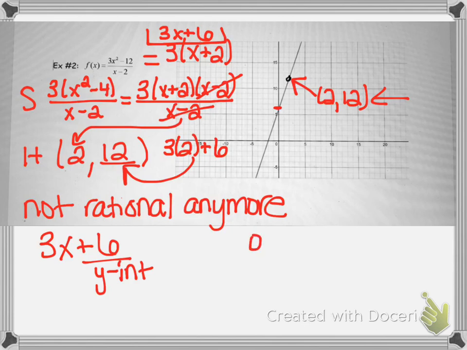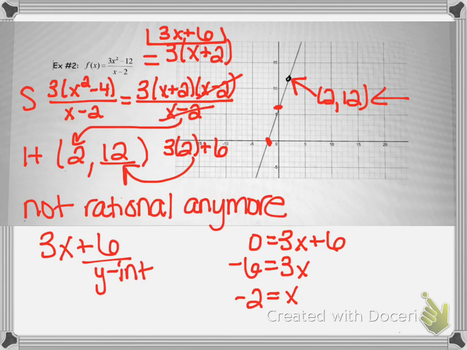And if I want to know what my x-intercept is, I of course just set my equation equal to 0. And so I figure out that my x-intercept is at -2. But that's only if you're being asked to find those pieces of information. Obviously you're not going to do the T step because we're skipping it this year anyway, but you would not need to do the E step. There is no rational end behavior to this function because it just became a line.